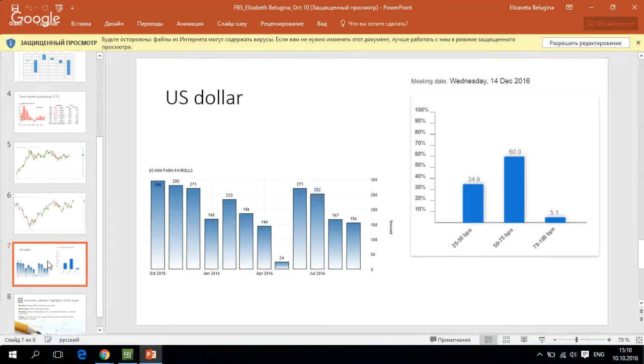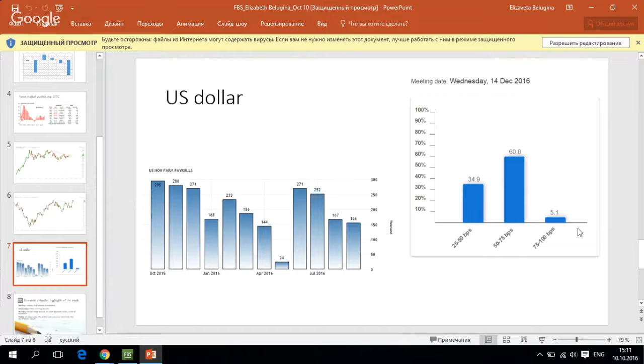As for the US dollar, here of course the Federal Reserve is the main driver of the market sentiment and the dynamics of this currency. Here on the right, we have a histogram showing how the market is pricing in the possibility of the Federal Reserve's rate hike at the December 14th meeting.